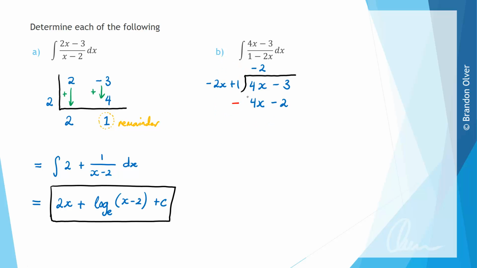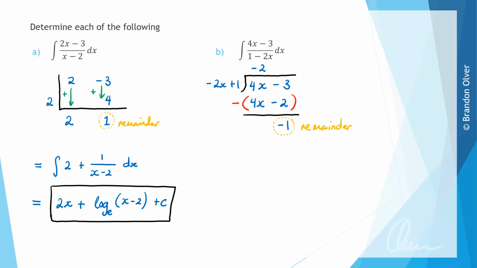Now we're going to subtract those terms from the 4x subtract 3. So we have 4x subtract 4x, which gives 0x, which is what should happen. If that doesn't happen, you've made a mistake earlier. Then we'll also have negative 3 subtract negative 2, which is negative 3 plus 2, which gives negative 1. So for this question, the negative 1 is the remainder.